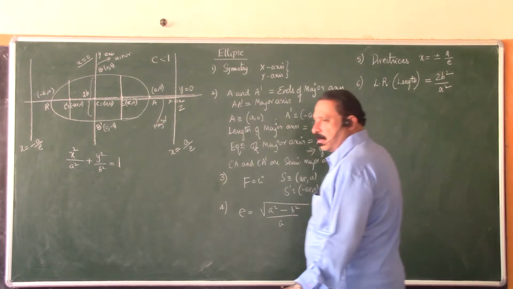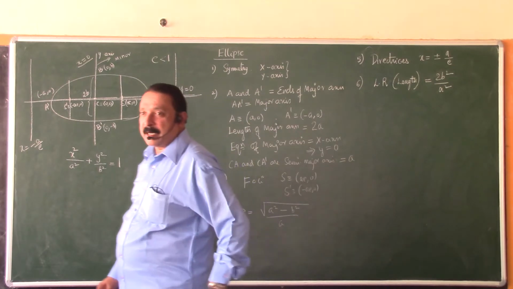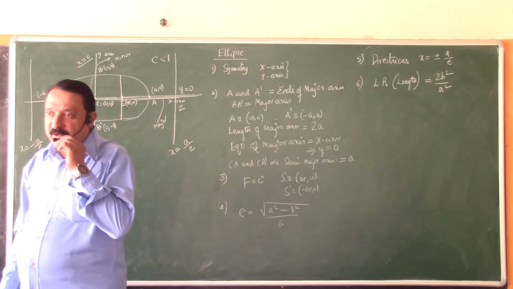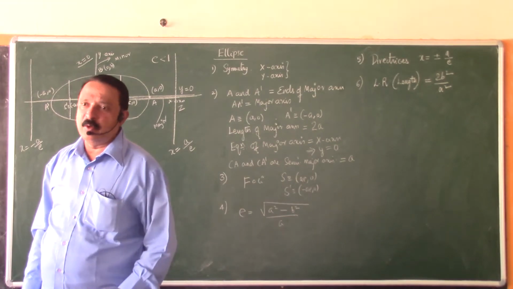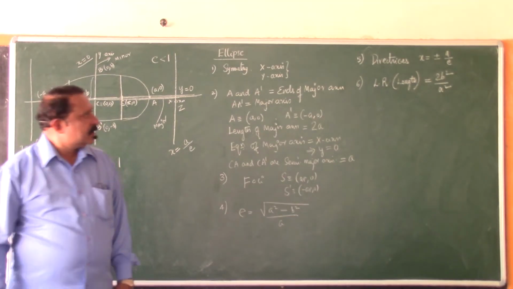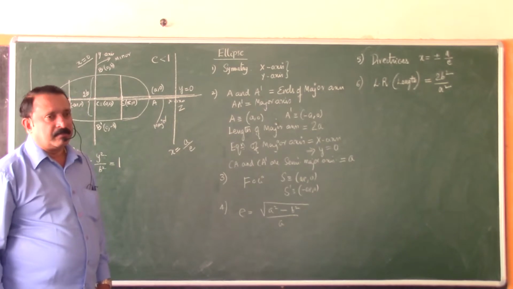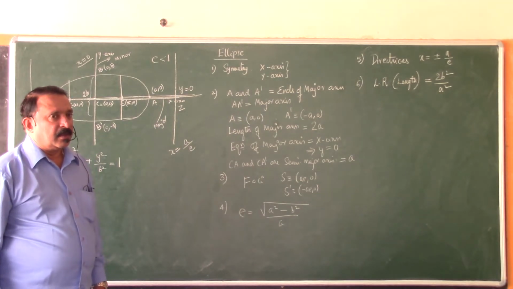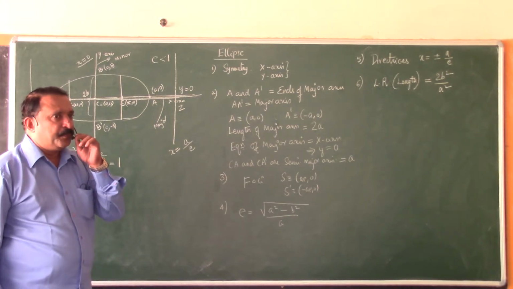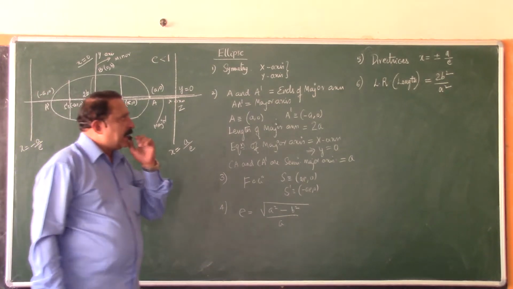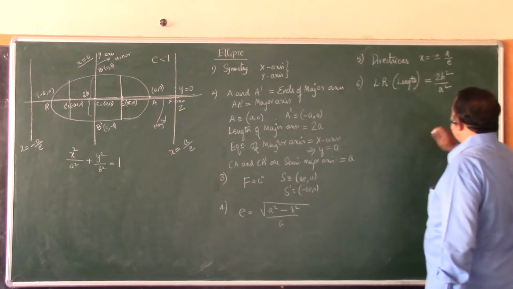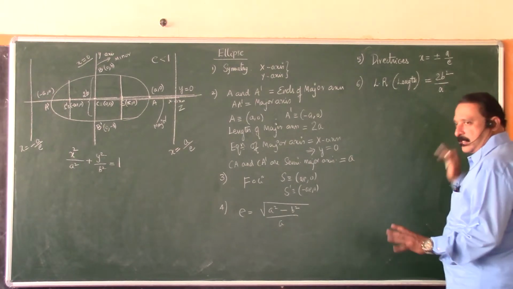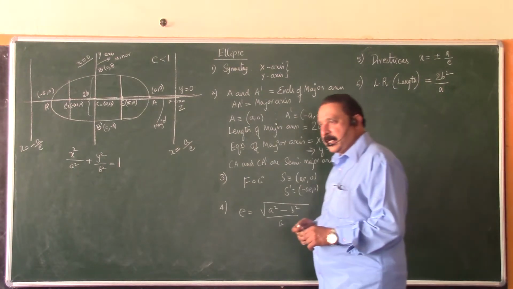Remember, what is the length of the latus rectum of a parabola? 4a. For ellipse it is 2b square by a. For hyperbola also it is 2b square by a. So the length of the latus rectum of the ellipse is 2b square by a, not a square. 2b square by a.